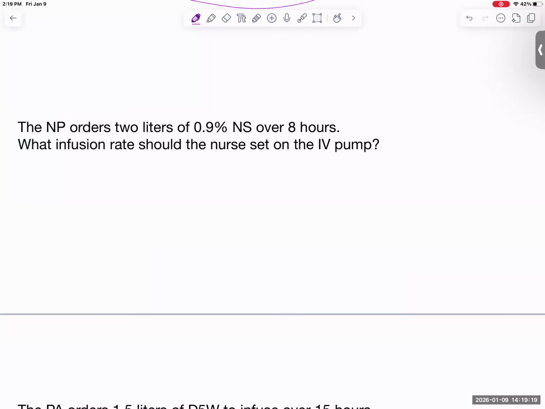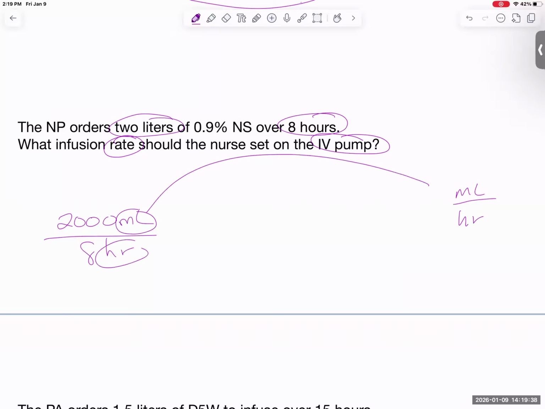It says rate. I have a pump. It's milliliters an hour, so I need milliliters in the numerator, hour in the denominator. I know 1 liter is 1,000 milliliters. So 2 liters is what? 2,000 milliliters. And I have to give that over 8 hours. So it's just math. 8 divided into 2,000 will give me 250 milliliters an hour. And I would plug that into my computer. All right, cool.